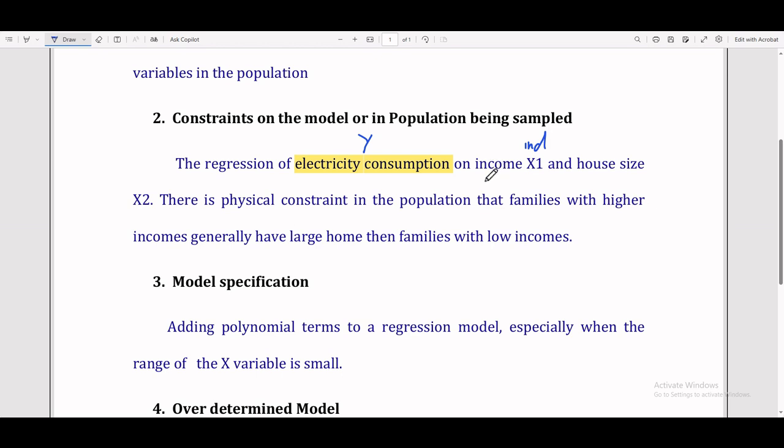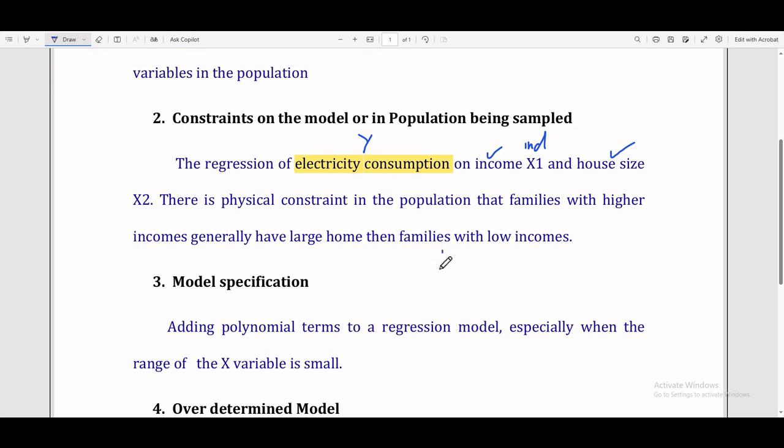As you know, the person who has a large income, their house size will be large. The person who has a low income, their house will be small. So this is the physical constraint in the population, that families with higher income generally have larger homes than families with low income.